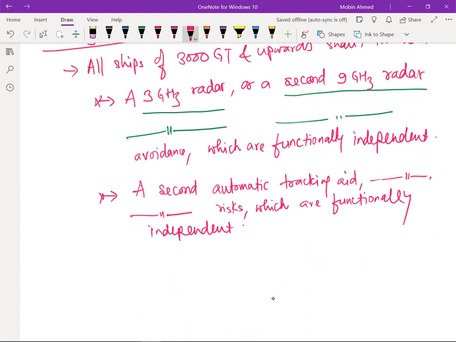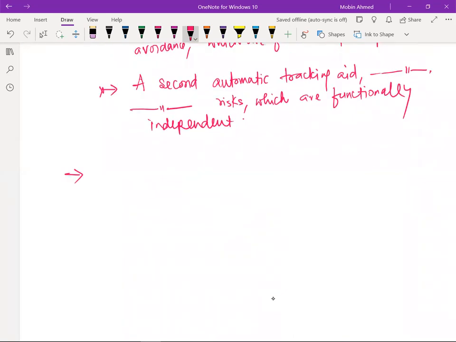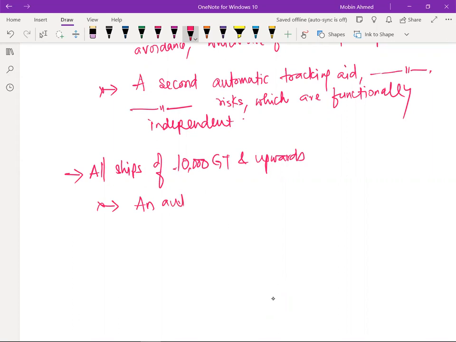Okay. Now next, all ships of 10,000 GT and upwards shall have, in addition to the above, an automatic radar plotting aid.